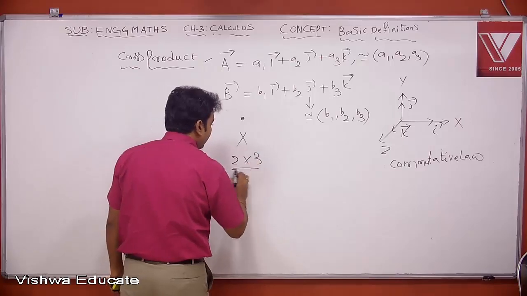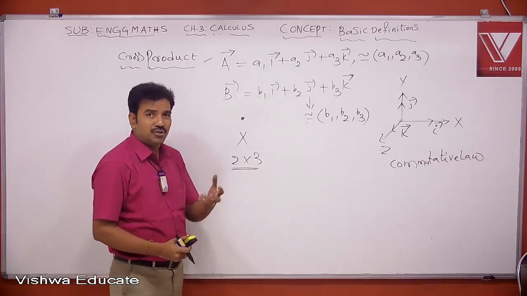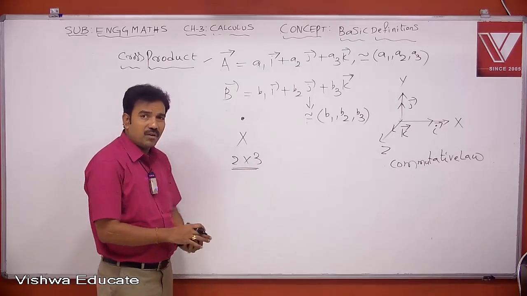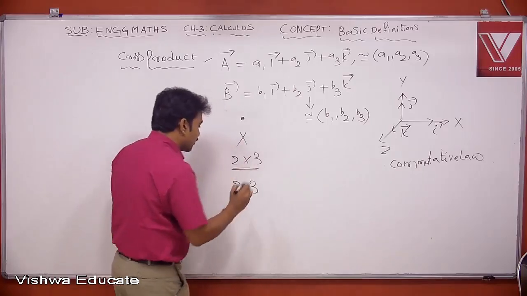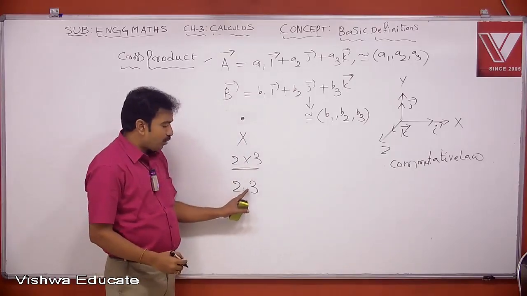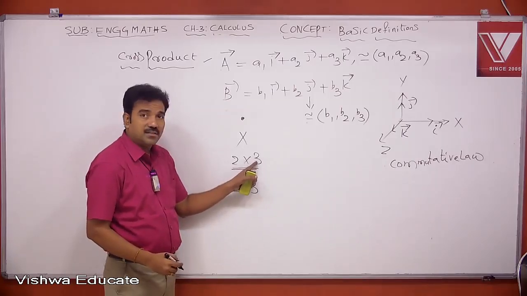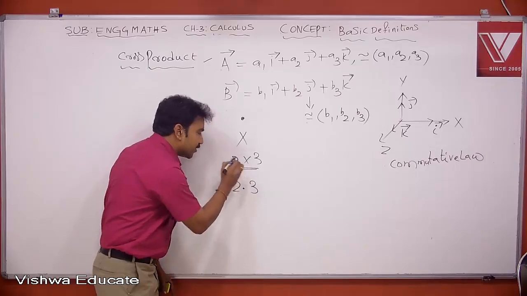We used to write like this, 2 cross 3. When you grow up, you will be habituated to write the notation like this, 2.3. But both will give same result: 2 cross 3 is 6, 2.3 is 6. But this is a dot product, this is cross product.